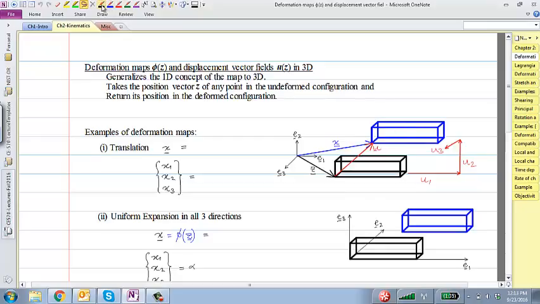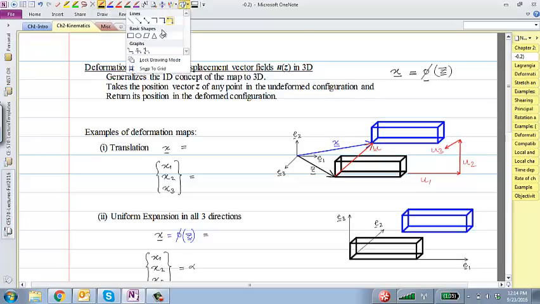So to do that, you pick a point z in the undeformed configuration, and you have a map variable, which is also a vector, that's a function of that undeformed position z, and that is what is going to be defining a map in 2D or 3D.